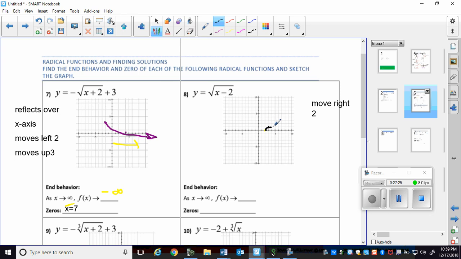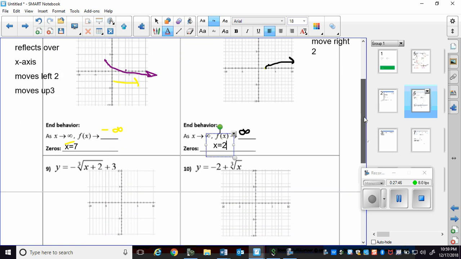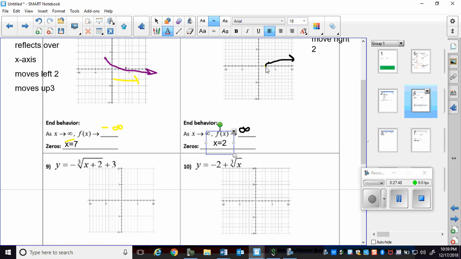And I can create my curve. And it looks like y values on the end here, as I move to the right, are increasing towards positive infinity. My zeros here are x equals 2. There's my 0 right here where it crosses or hits the x-axis.